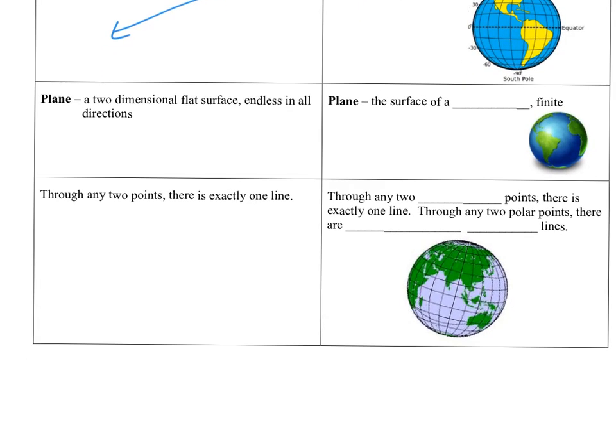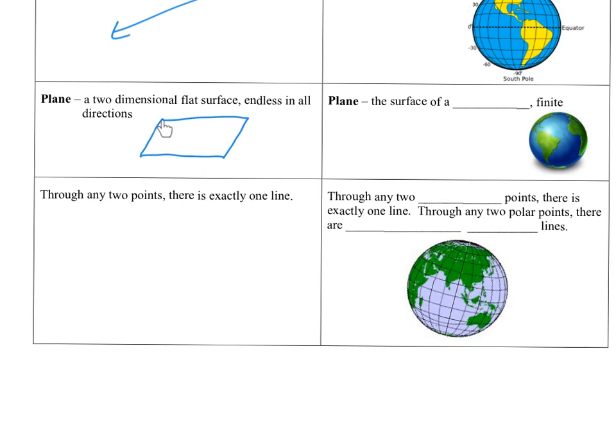All right, so in Euclidean geometry, a plane, remember, is a two-dimensional flat surface that's endless in all directions. Now, we talked last August about the fact that when we sketch a plane, we sketch this parallelogram, but that's a limited idea of what a plane is. Remember, a plane is infinite. It's infinitely wide and it's infinitely long. So it does extend forever in all directions.